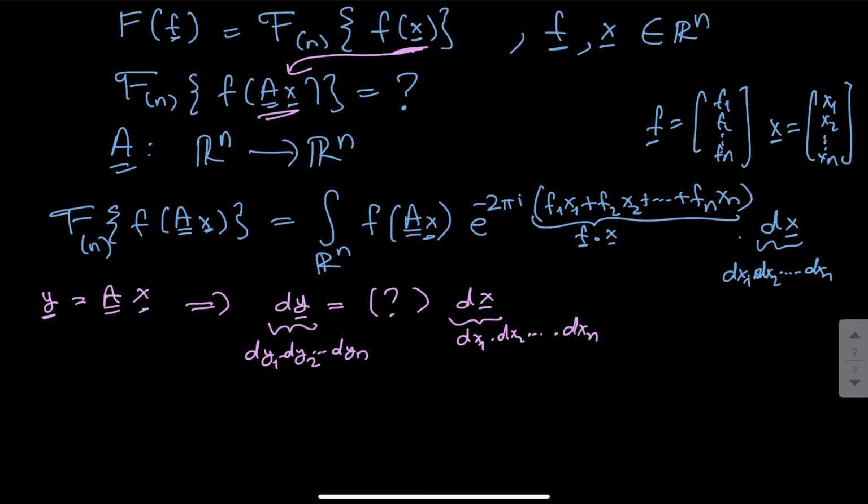So this is a hyperdimensional volume, and this is the hyperdimensional volume after the transformation A. So the scaling factor here should be the determinant of A. So instead of dx, we can write dy over the determinant of A.